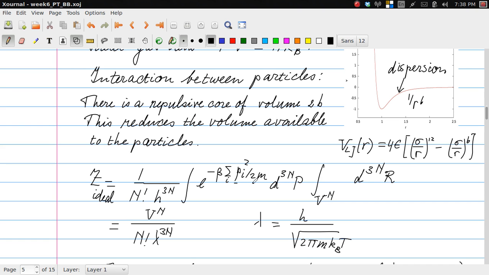They are Gaussian integrals and they can be calculated analytically. And in the end that gives rise to a 1 over lambda to the power 3N. That is when I combine it with this factor of h, which is the minimum volume I have in phase space for a pq pair, and there is a factor N factorial which takes into account the indistinguishability of the quantum particles.